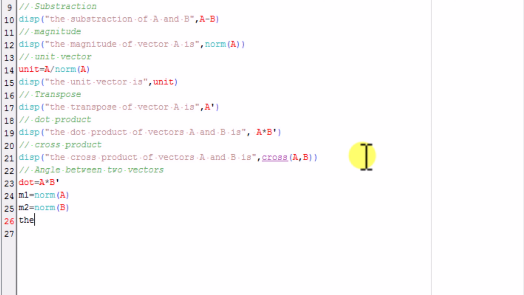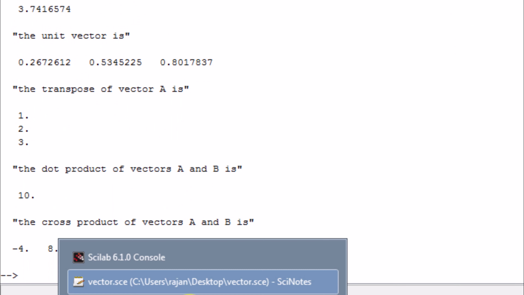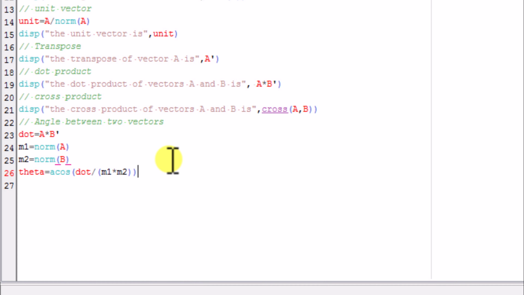Now theta, which is the angle between the two vectors A and B, will be given by acos. So acos will take the cos inverse, then bracket start, dot, divide, M1 star M2. So we will take a bracket here.